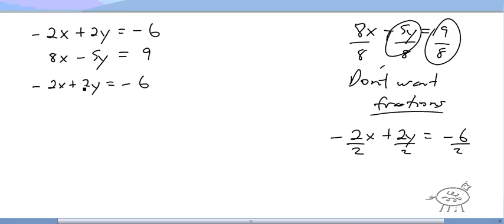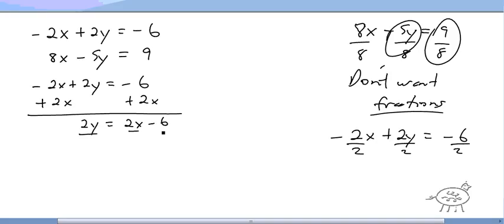I don't have to divide by a negative. Not a big deal, but I'm just trying to make it as easy as I can. So I'm going to add 2x to both sides. So I get 2y is equal to 2x minus 6, and then divide everything by 2. So y is equal to x minus 3.